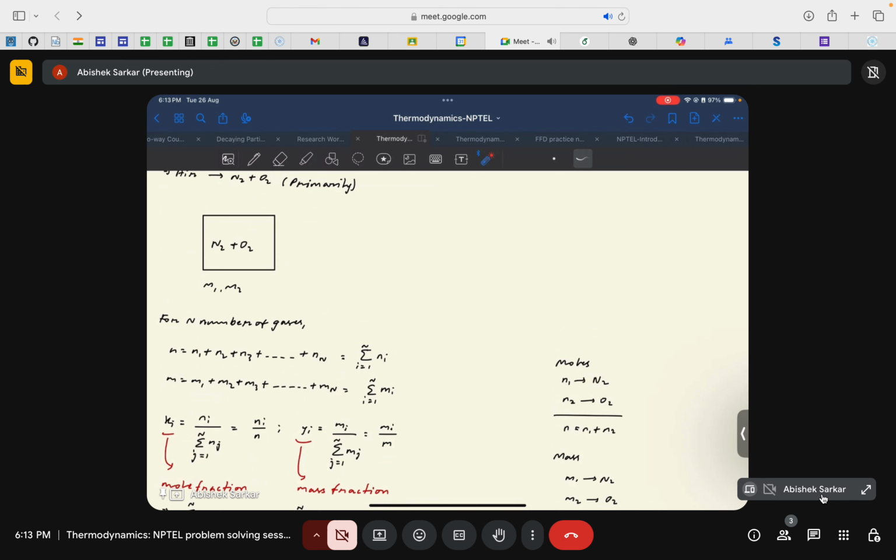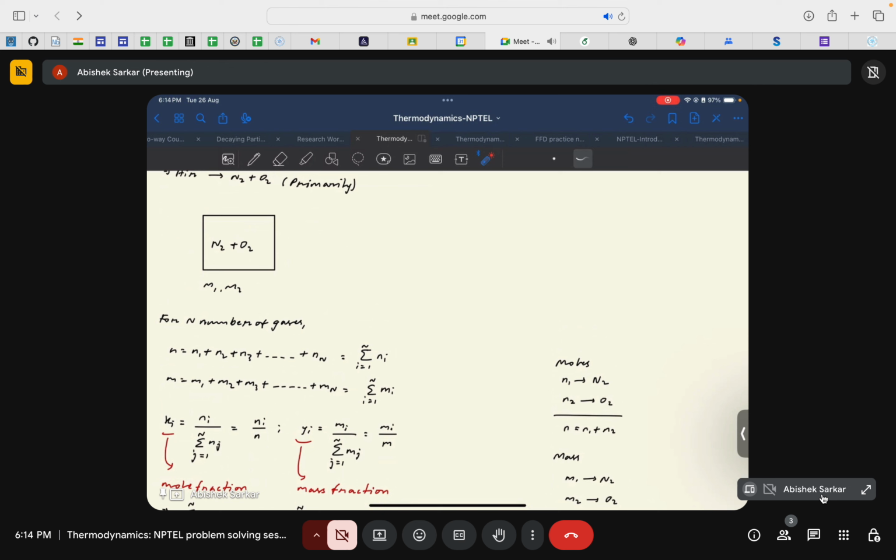But now if you consider a mixture of gases which has n number of gases in it, then the total number of moles, denoted by small n, would be given by n is equal to n1 plus n2 plus n3 plus dot dot dot nn, where n1, n2 and n3 denote the number of moles of the respective gases in the mixture.